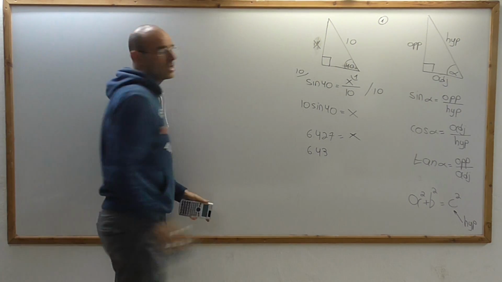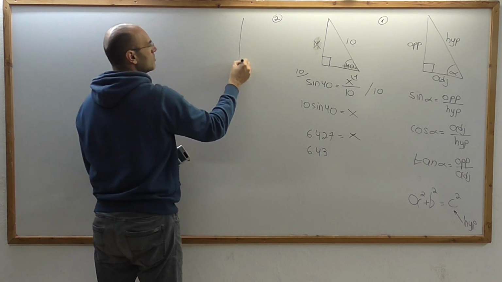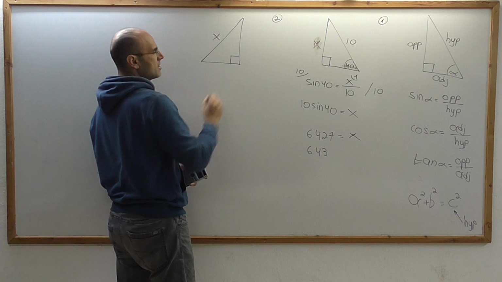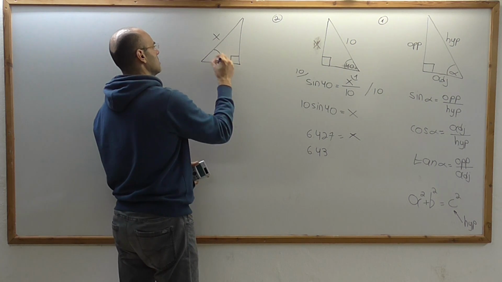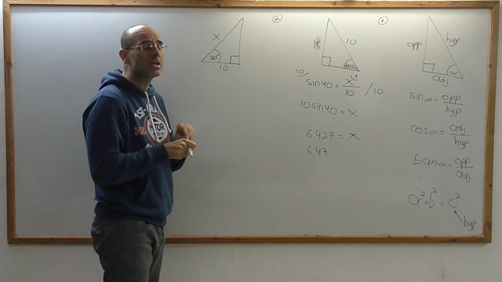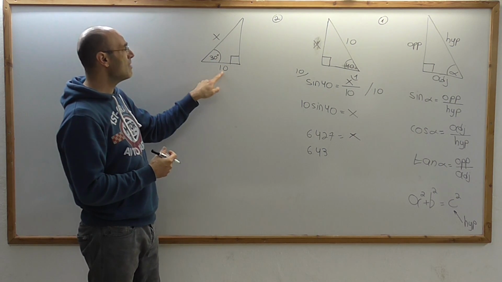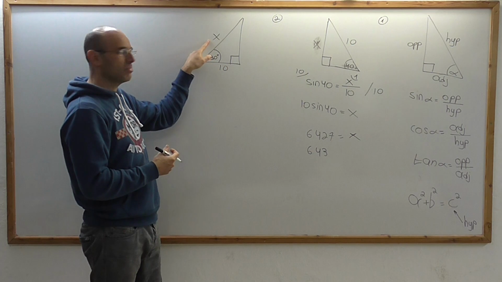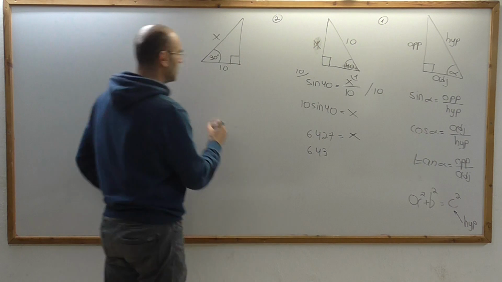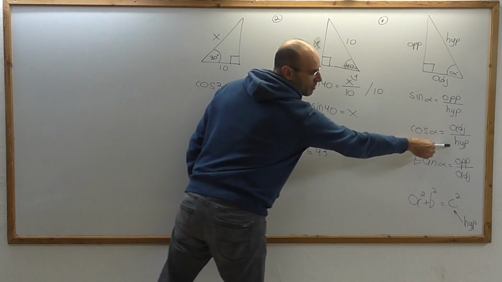Okay, let's continue. This was our first example. 2. Let's do this triangle. Suppose I have this x, this 10, this 30, and I want the x. Again, we speak to ourselves. I want the hypotenuse. I have the adjacent. Adj, hip, cosine. So cosine 30 equals adj over hip.